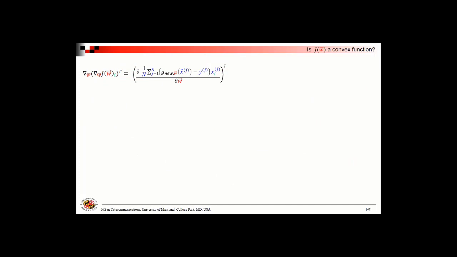So this is the ith row of our Hessian matrix. Now we know from the linearity of derivatives that we can just take the partial derivative of whatever's inside of that summation. The x sub i, in other words, the ith feature of the jth instance, is a constant with respect to w, so we can just ignore that as a multiplicative constant.